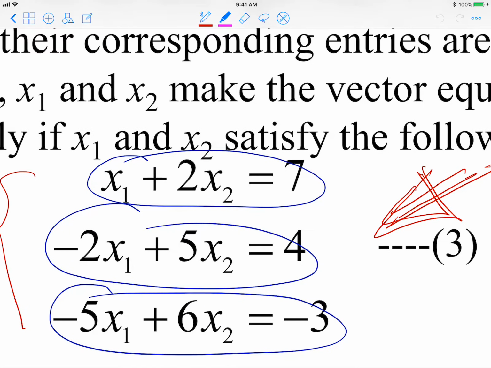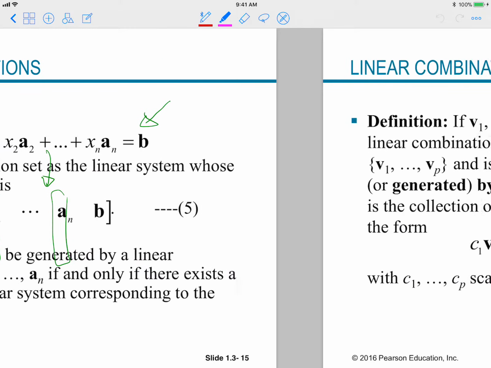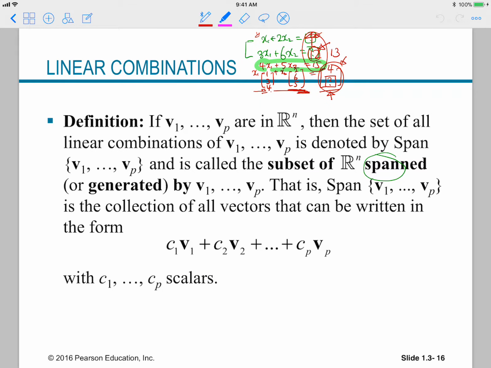Okay, and then we studied a really important notion of span.